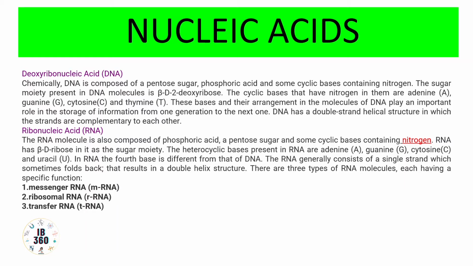We also have another type of nucleic acid known as RNA or ribonucleic acid. Both have similar structure, but there are certain subtle differences which create a huge impact in their functionality. We will study about them today in this video, but first of all, let us talk about the general structure of the nucleic acids.